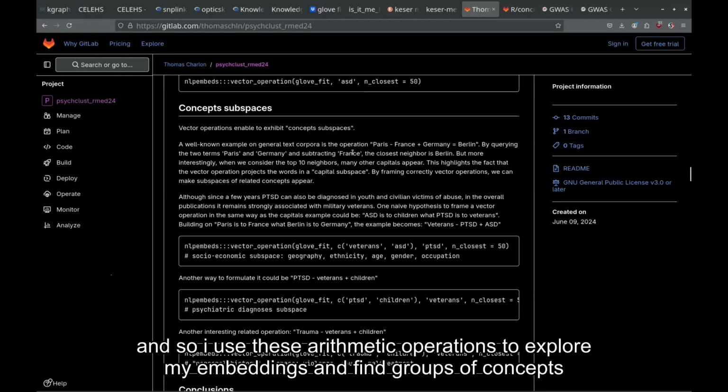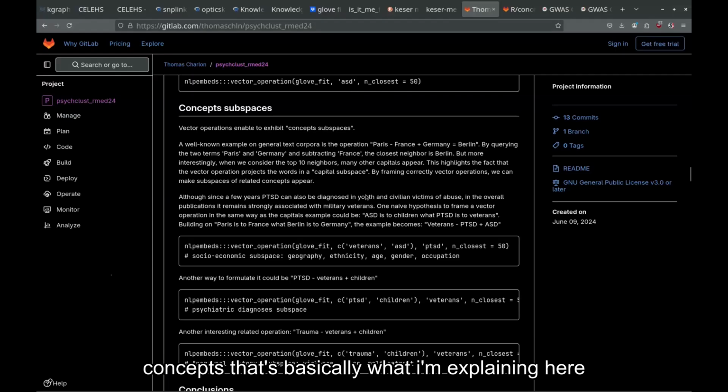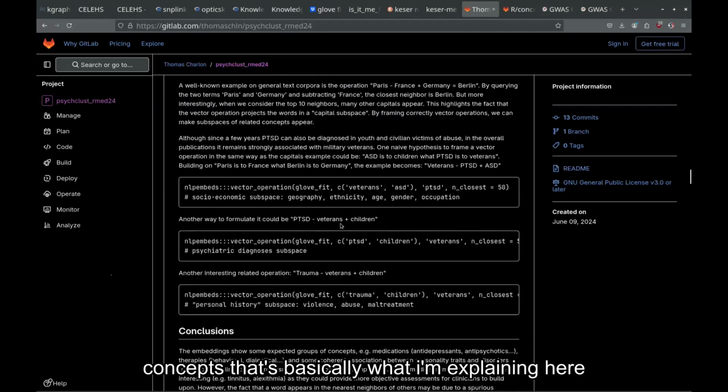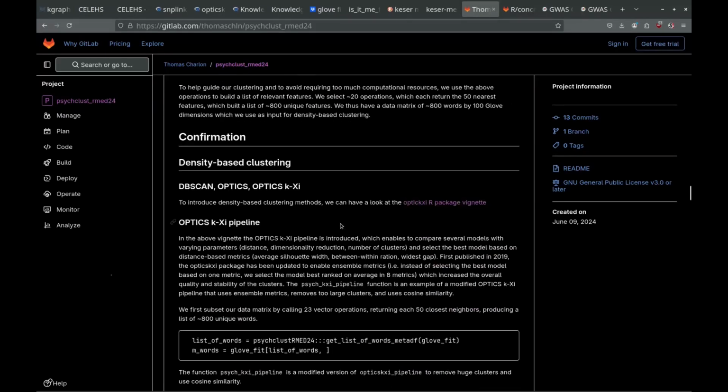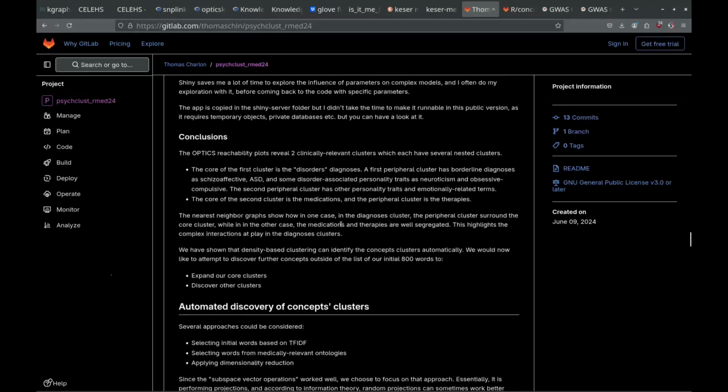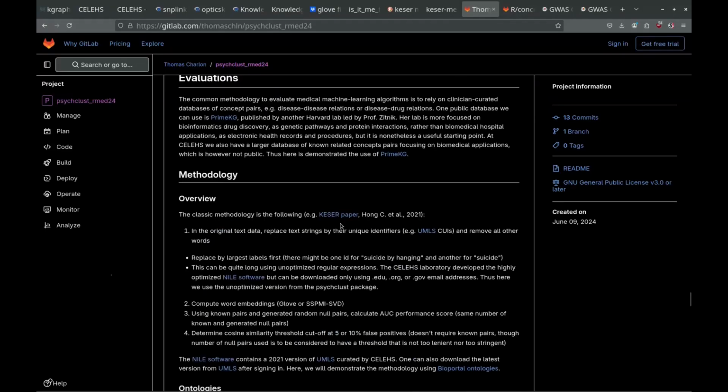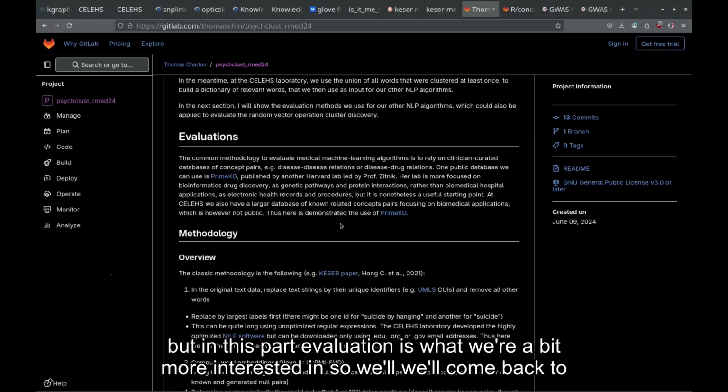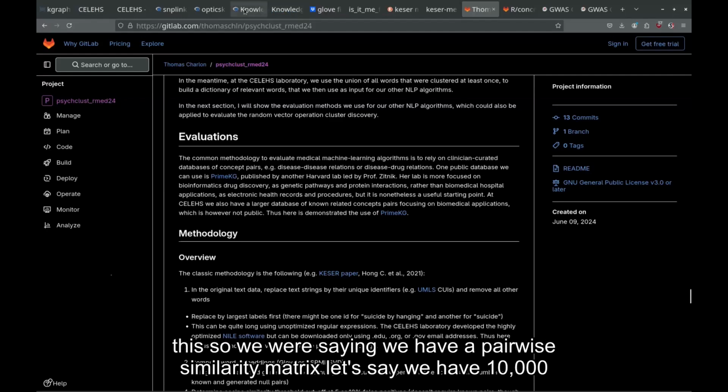I use these arithmetic operations to explore my embeddings and find groups of concepts. That's basically what I'm explaining here. But in this part, evaluation is what we're a bit more interested in, so we'll come back to this.